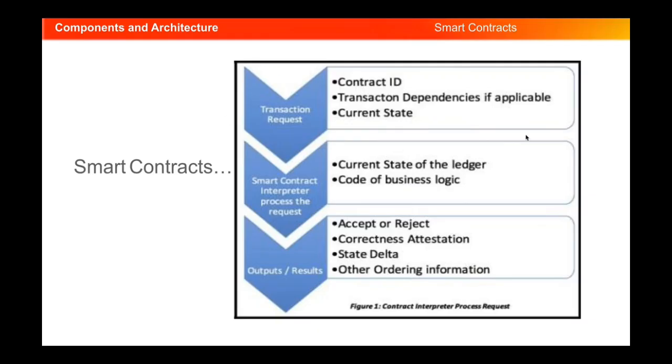All these actions take place in a peer. The peer looks at the contract ID and the transaction dependencies and also the current state of the ledger which is present in the peer. After the transaction request, the smart contract interpreter processes the request.